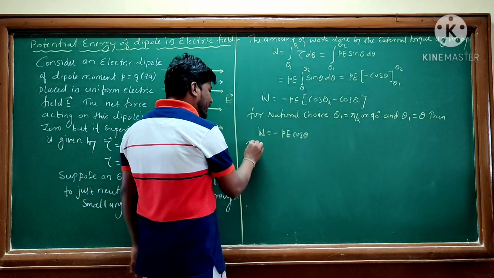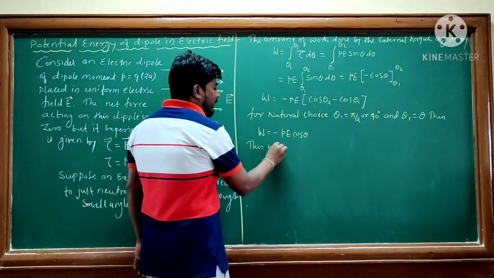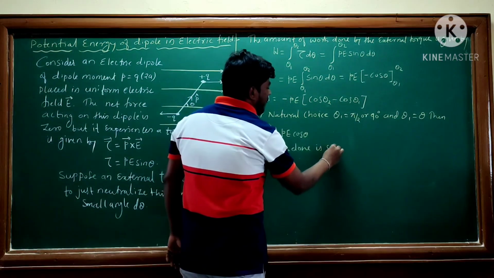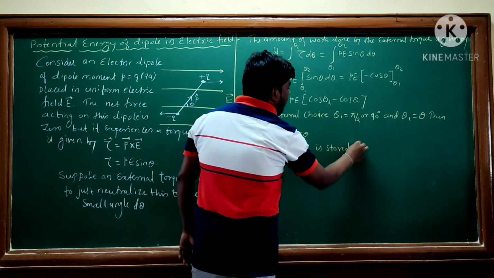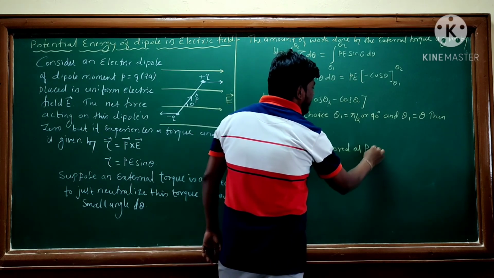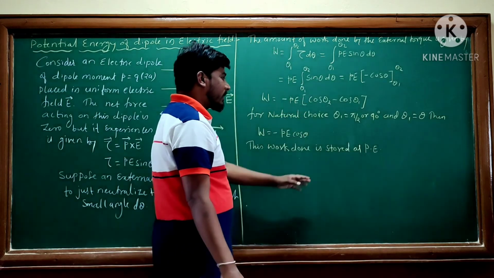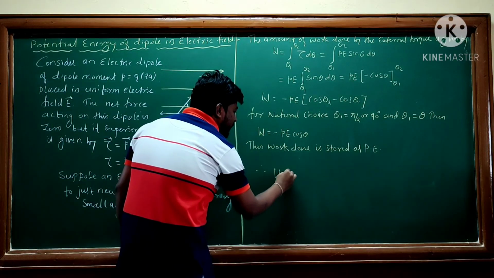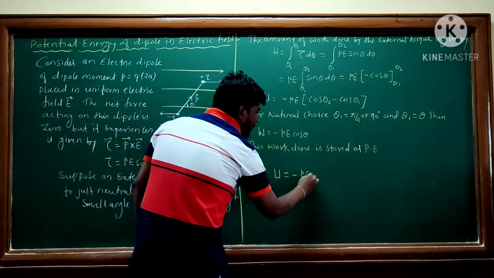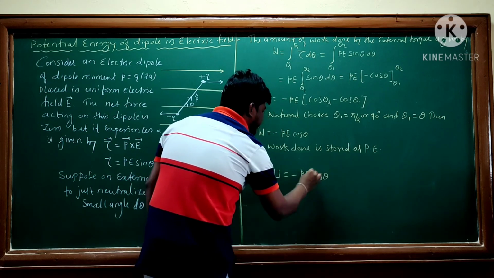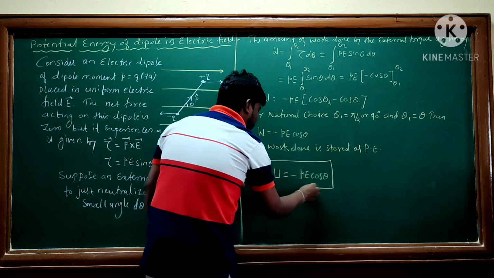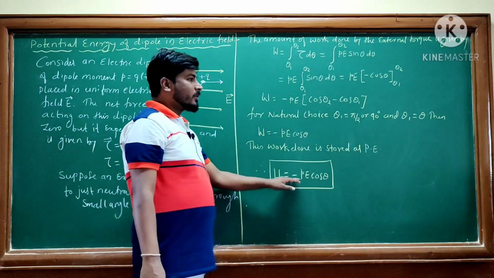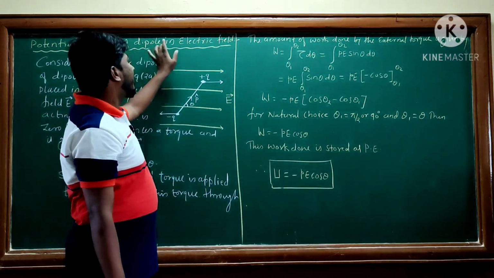This work done is stored as potential energy. Therefore, we write U is equal to minus PE cos theta. So this is the expression for the potential energy of the dipole in the uniform electric field.